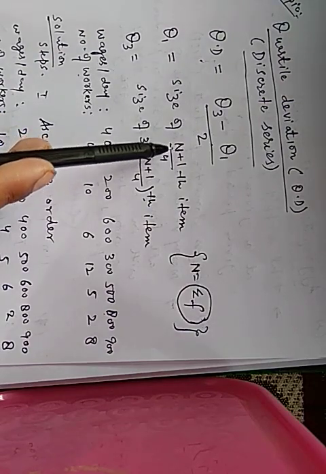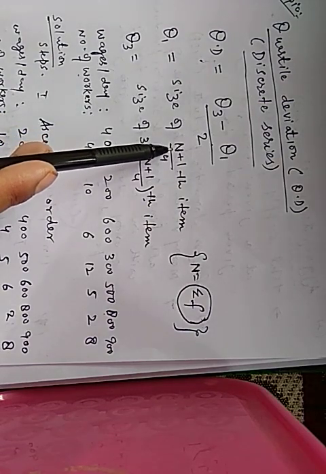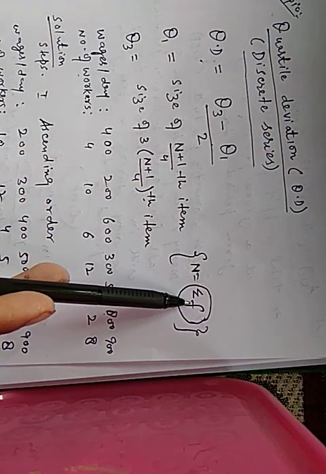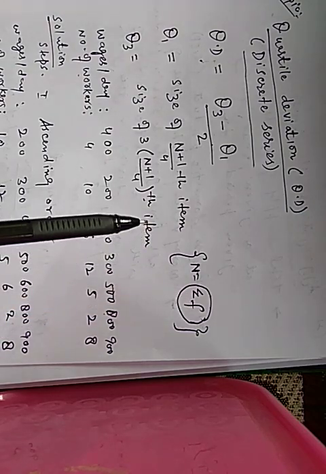You have to remember that n, the total number of observations, the total number of items in a statistical series, is equal to the sum total of frequencies, that is sigma f.